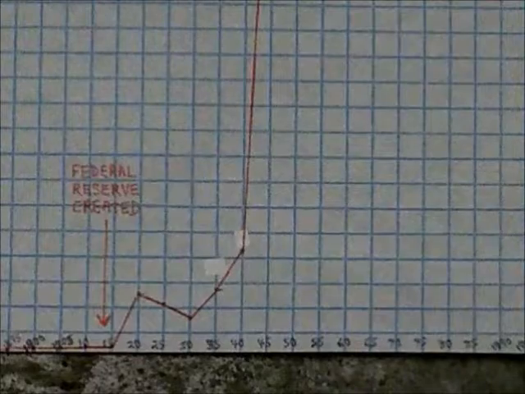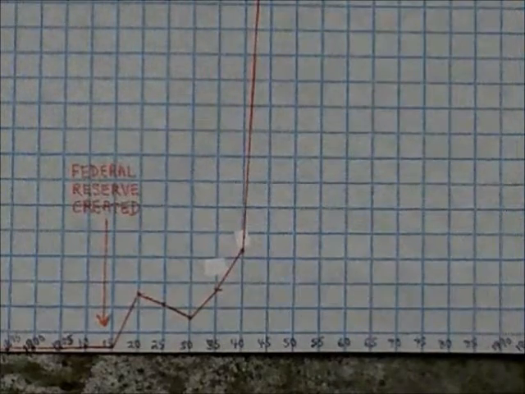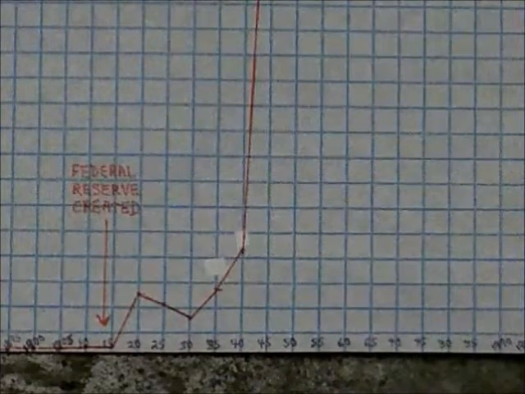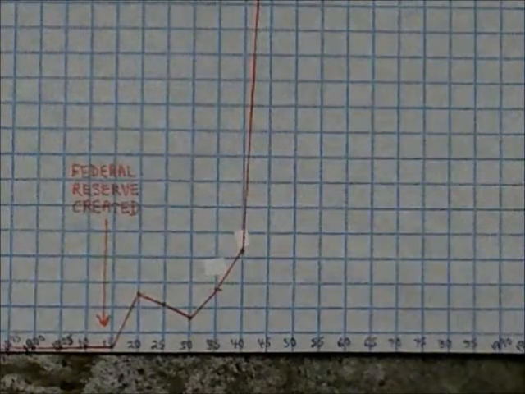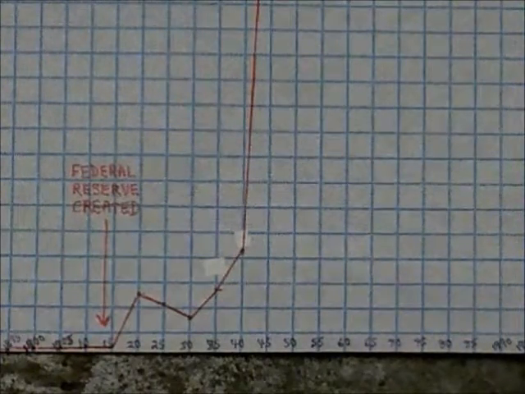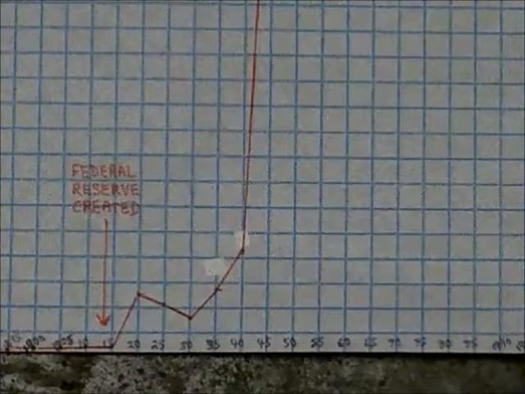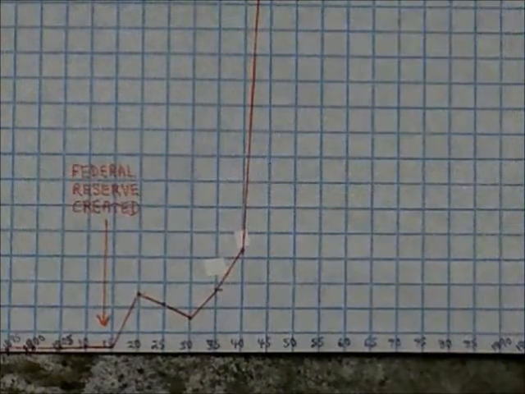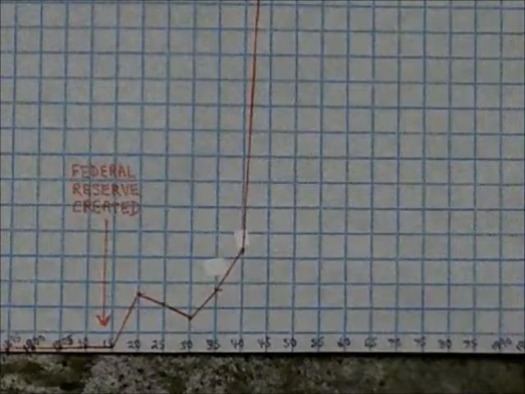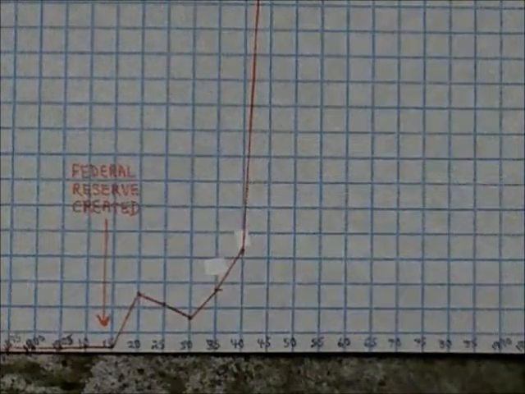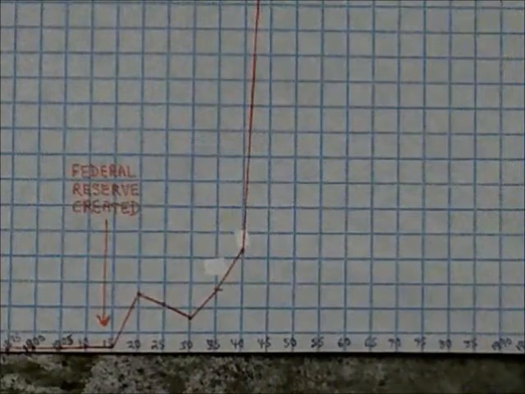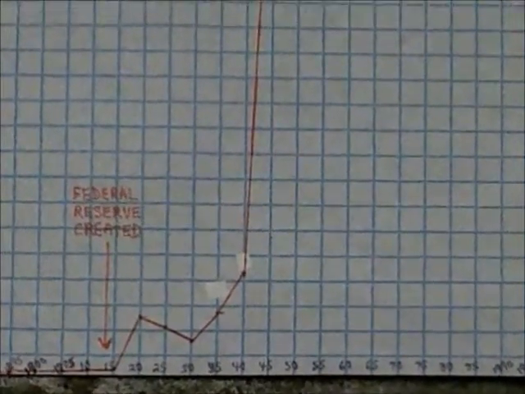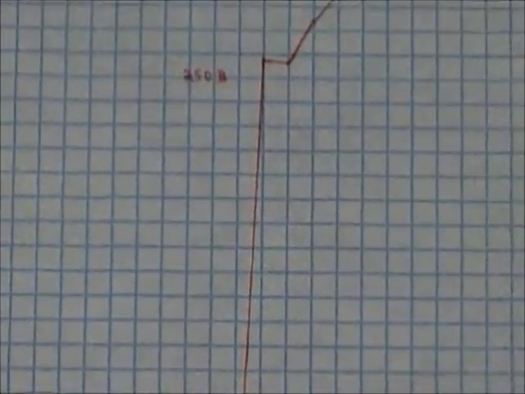The debt spiked up as a result of World War I, spiking less than an inch on this graph. Following the war, the debt was being paid down and decreasing. The New Deal during the Great Depression caused the debt to rise again, but what really set the debt upward was World War II, spiking several inches on the graph.